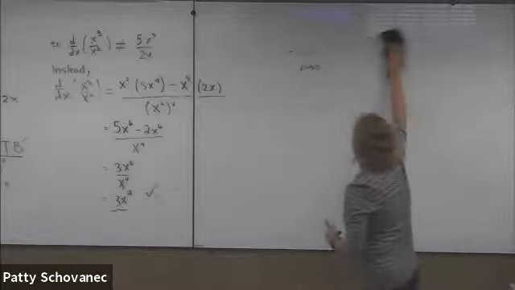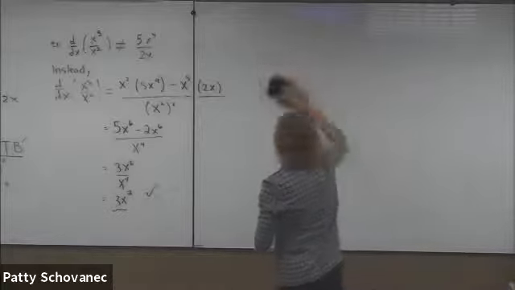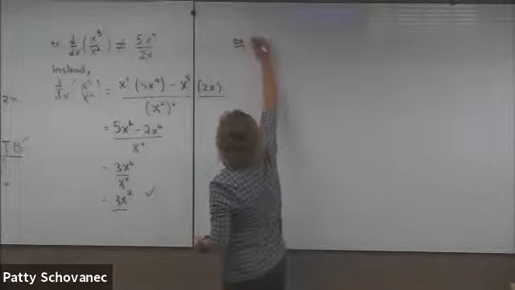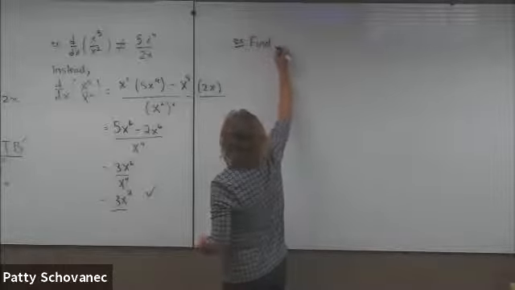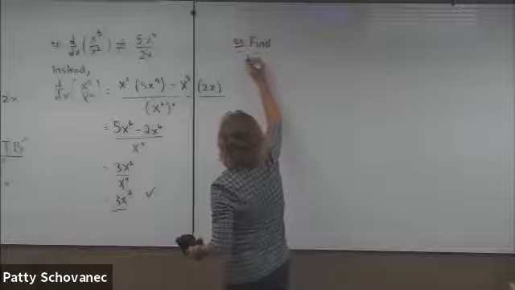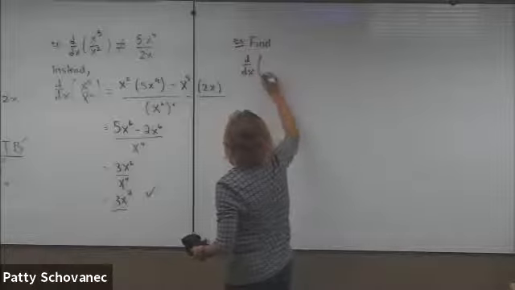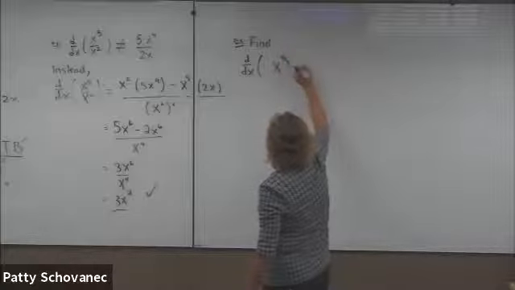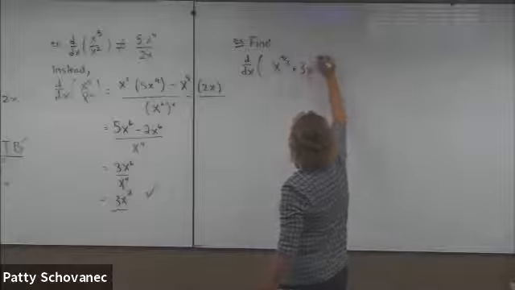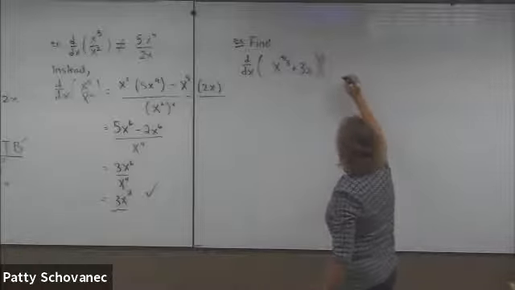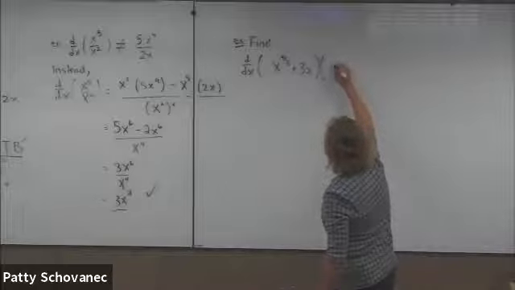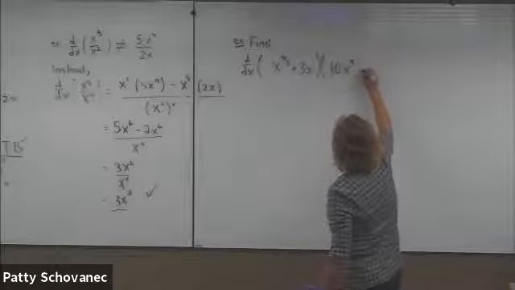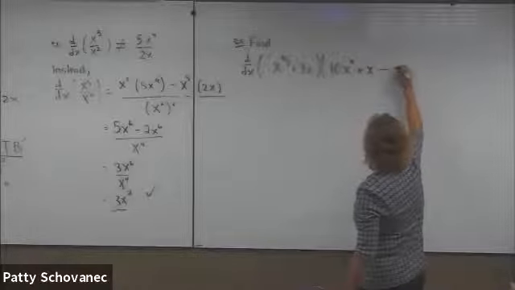So, the product rule problem up here, the quotient rule problem. Find the derivative with respect to x of x to the 4/3 multiplied with 10x to the 4th plus x minus 2.